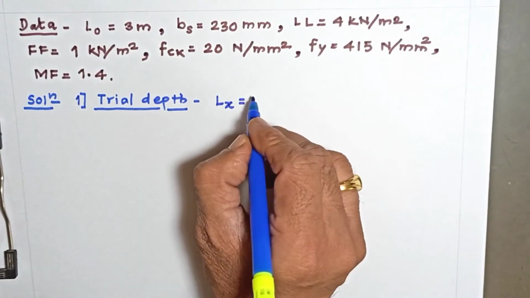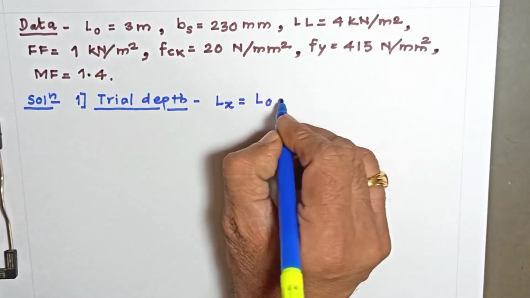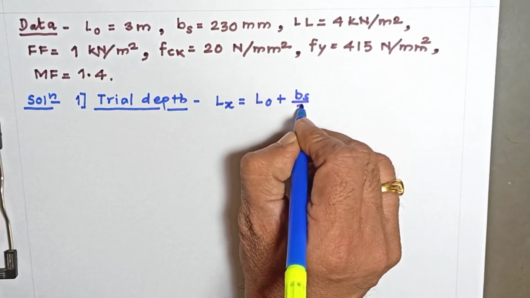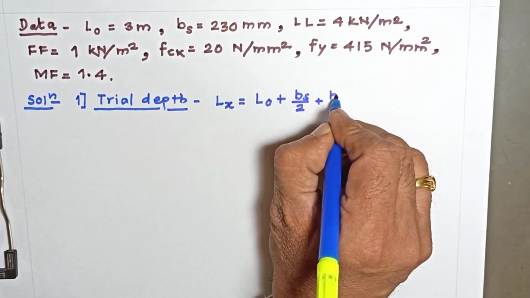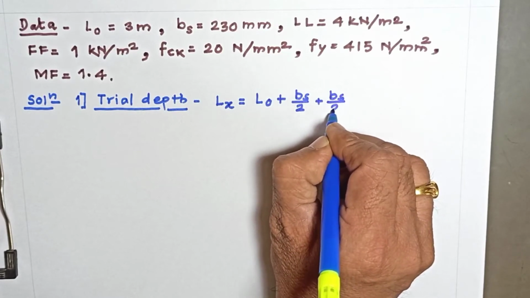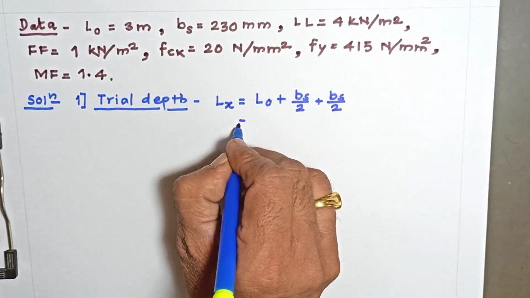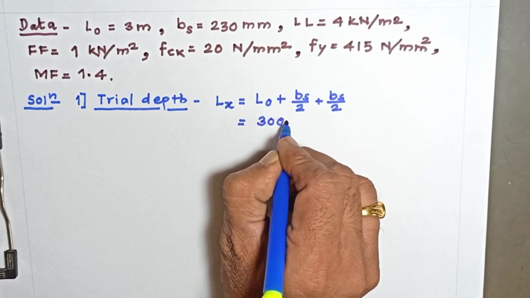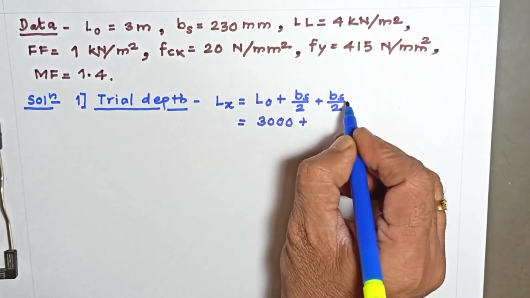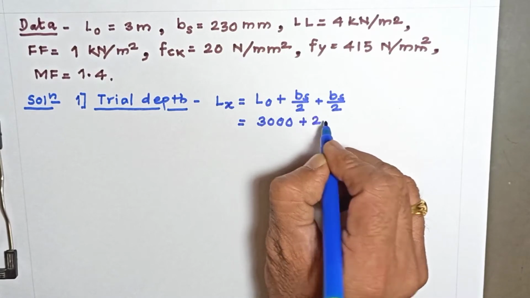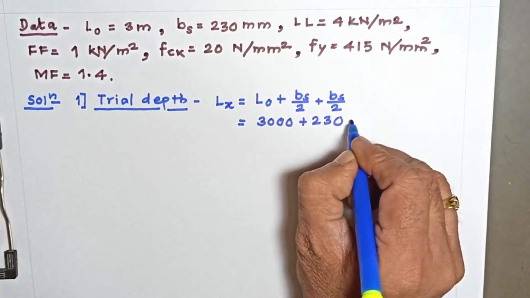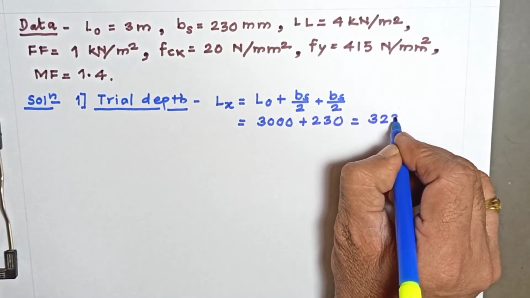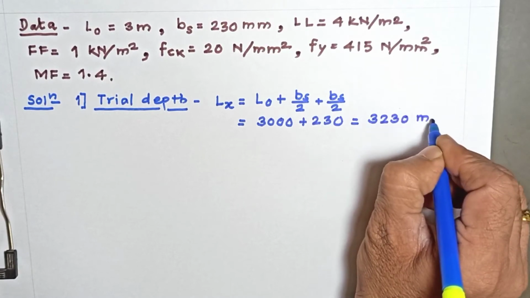Lx is equal to L0 plus Bs by 2 on one side plus Bs by 2 on another side. Therefore, you will get Lx is equal to 3000, 3 meter means 3000, plus Bs by 2 plus Bs by 2 will become Bs, that is 230, and hence the Lx will become 3230 mm.